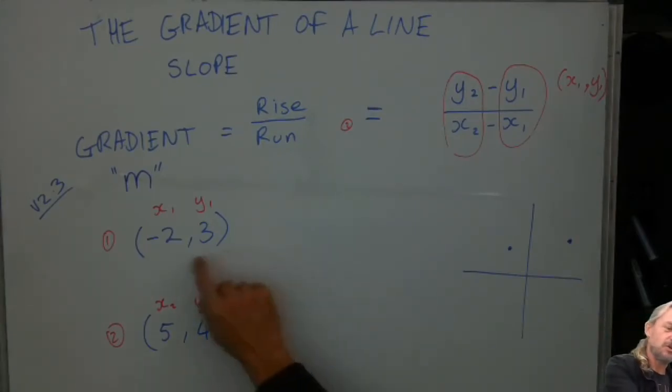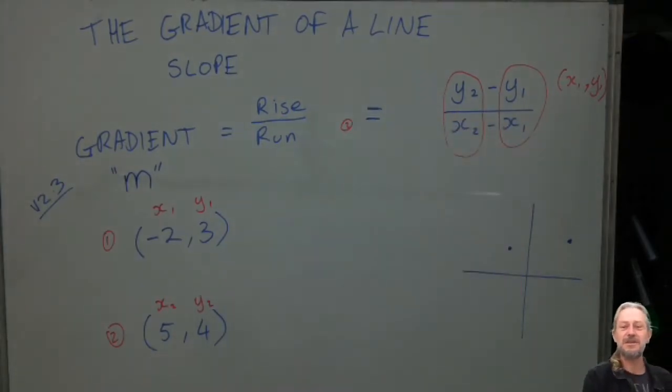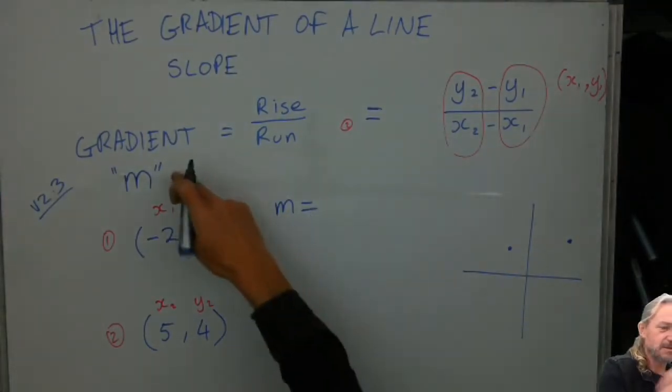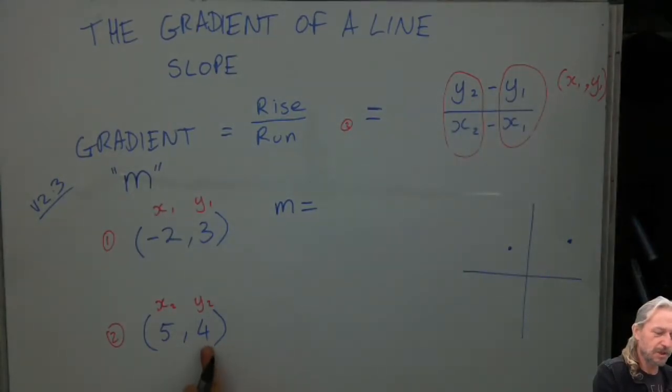But just as long as you are careful when you first substitute the numbers in, you should be okay. Okay, so in this case, m, the gradient, just so I don't have to keep writing gradient. So y2 will be this one.